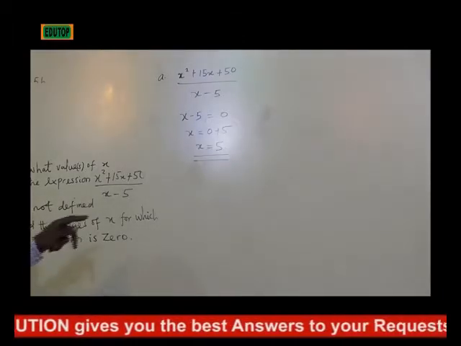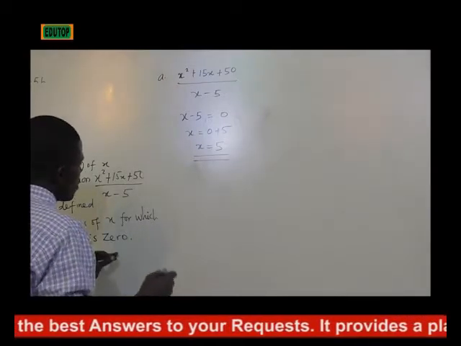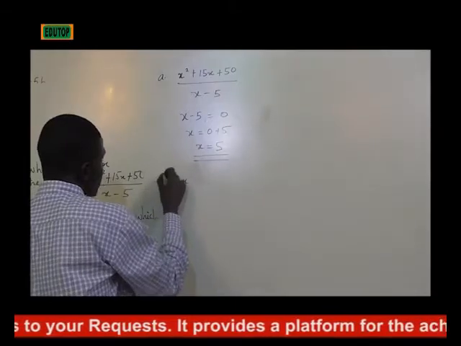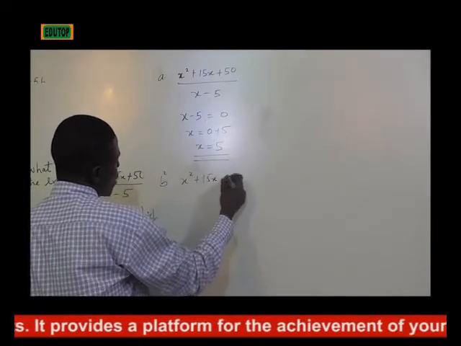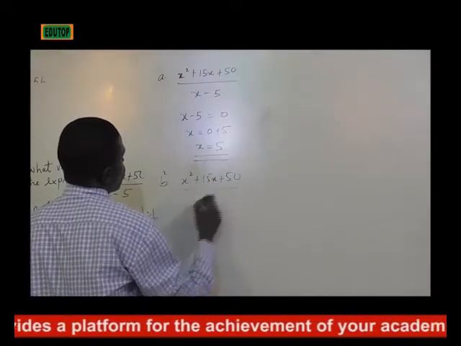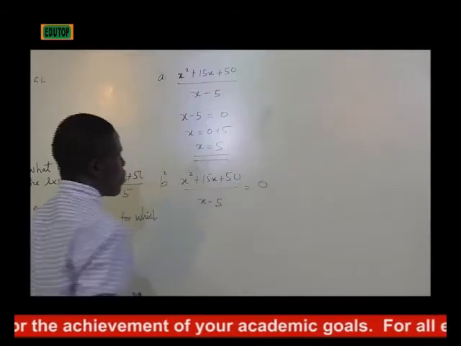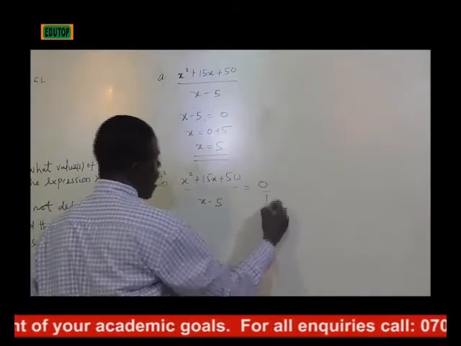Then find the values of x for which the expression is zero. When you are given this kind of question, the next thing to do, which is the B part, is to equate the expression to 0. So when we equate the expression to 0, what we are saying in a nutshell is that your 0 is being affected by 1.